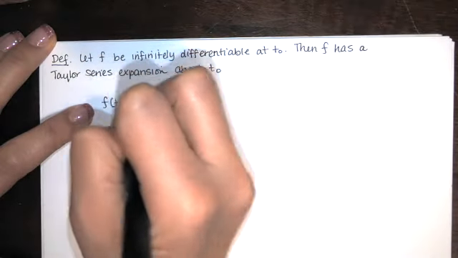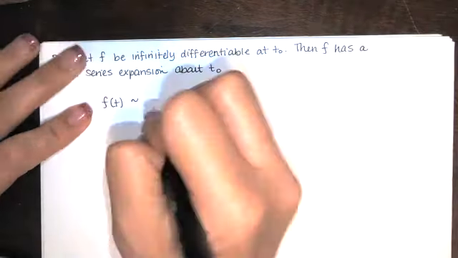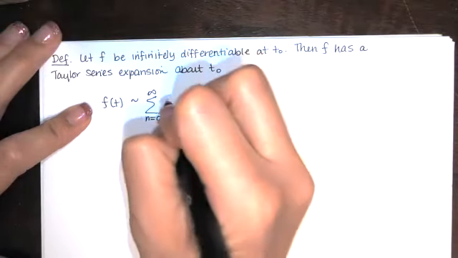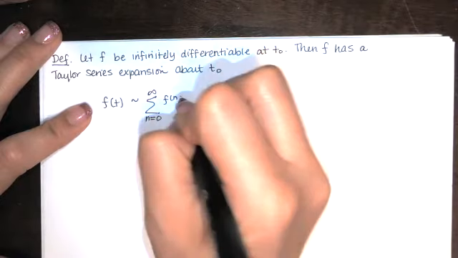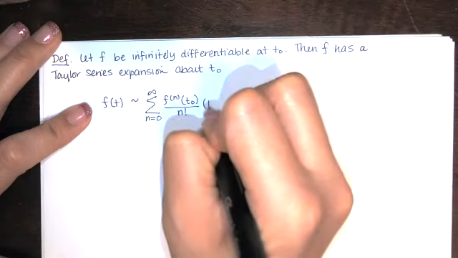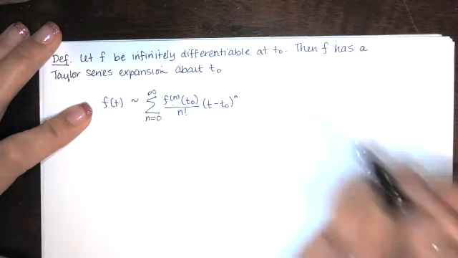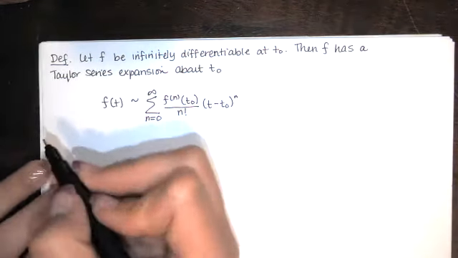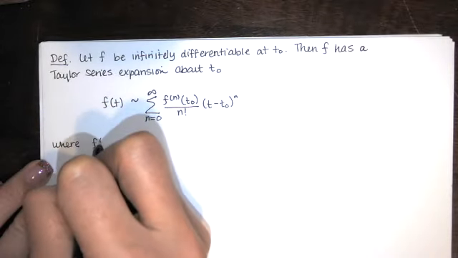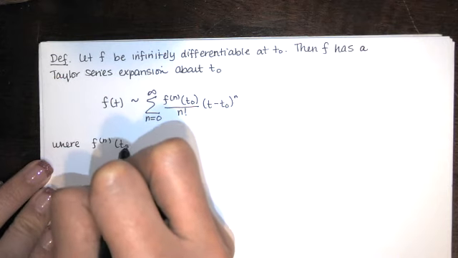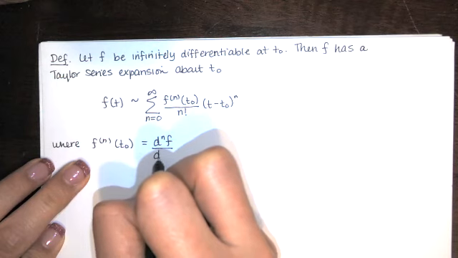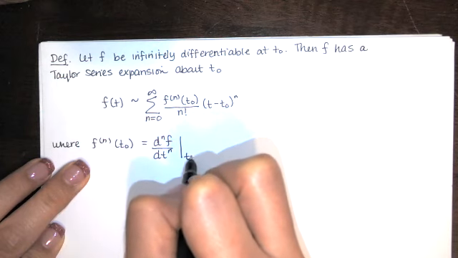And we might write it this way: f of t is associated with this series. It's the nth derivative of f evaluated at t naught divided by n factorial times t minus t naught to the nth. Just as a reminder, this is prime notation for the nth derivative of f evaluated at t equals t naught.